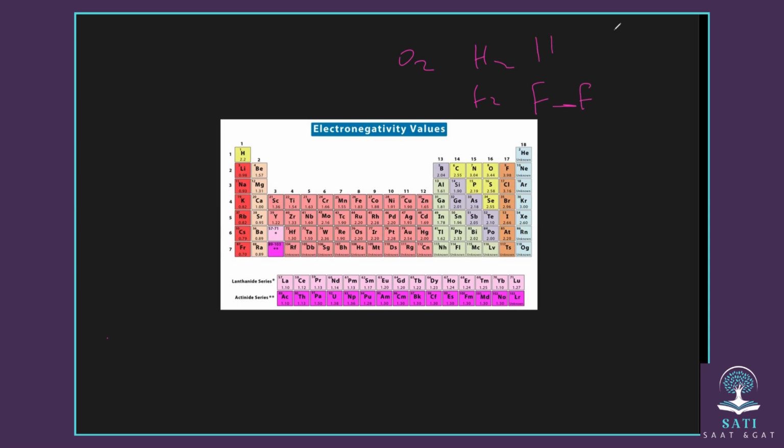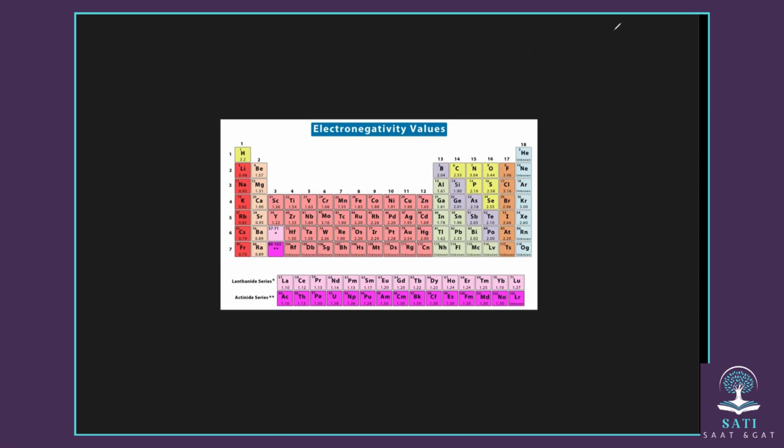And hydrogen will be like this, with one bond between them. And oxygen will be like this, with two bonds between them. So this type of bond between the atoms inside the same molecule is called non-polar covalent, because the two parts of the bond have the same electronegativity. So this one is a non-polar covalent bond.